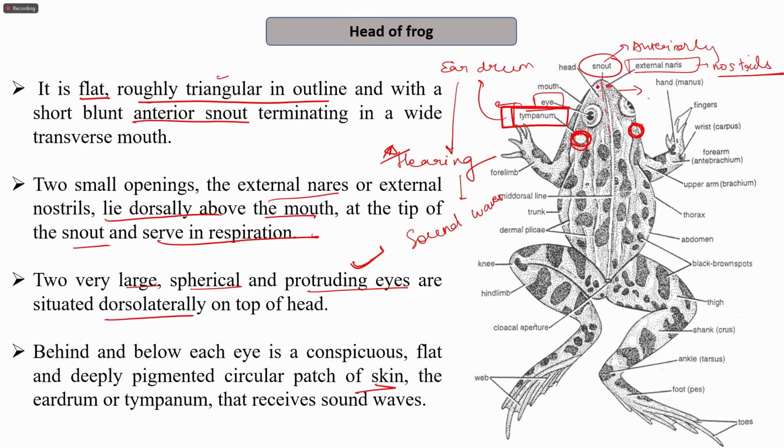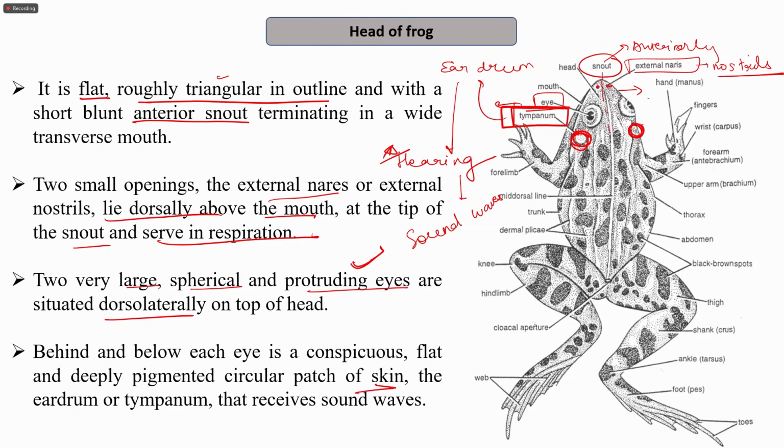Basically, an external ear is not present, but they have the tympanum, the eardrum, a membrane-like structure that receives the sound waves and therefore helps in hearing. So they have large protruding eyes on the head, and the head is roughly triangular in shape, with a snout terminating in a wider transverse mouth.